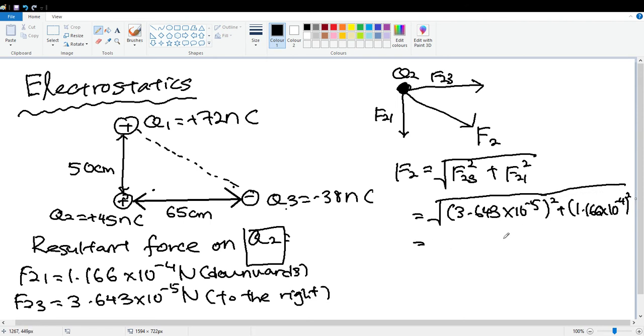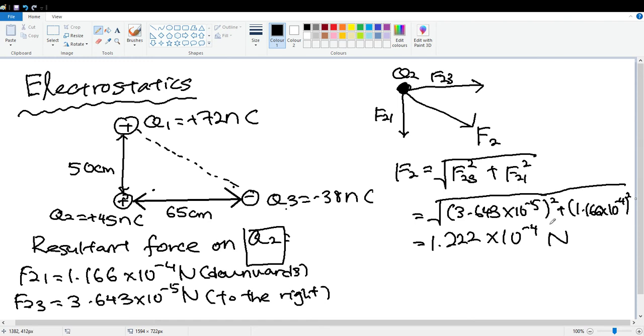So basically my F2 is actually 1.222 times 10 to the power negative 4 Newton.